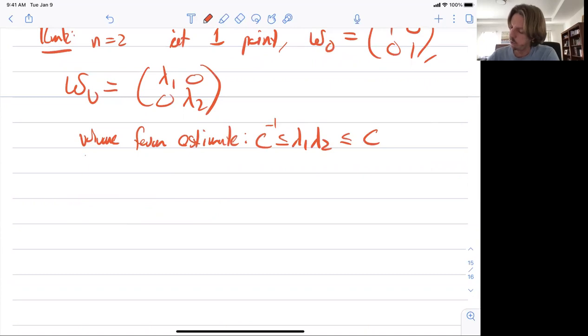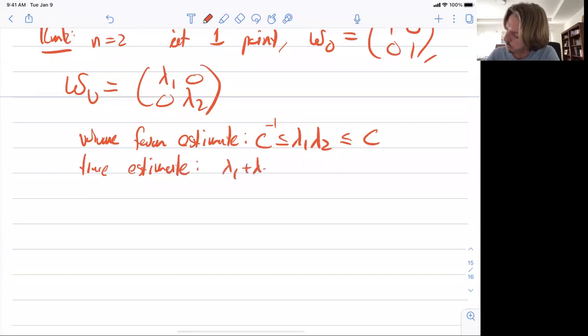And then the trace estimate is saying lambda 1 plus lambda 2 is bounded above.